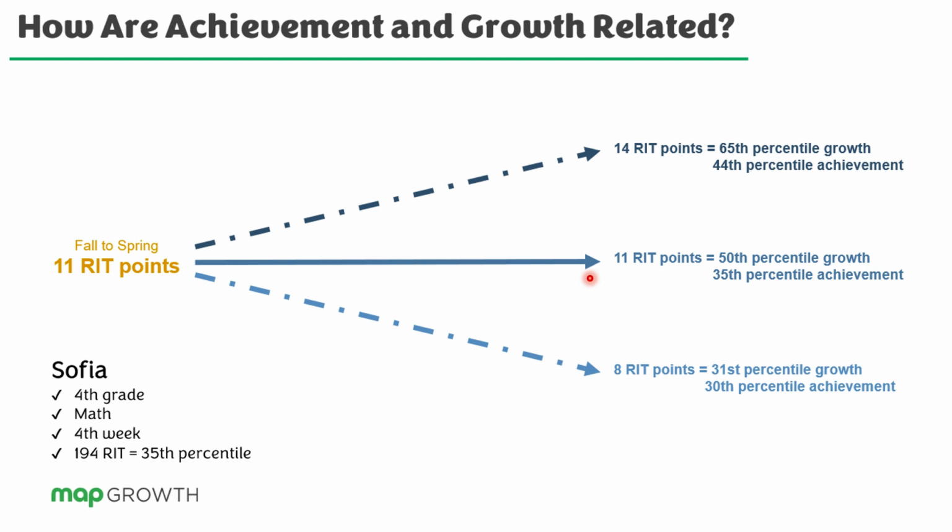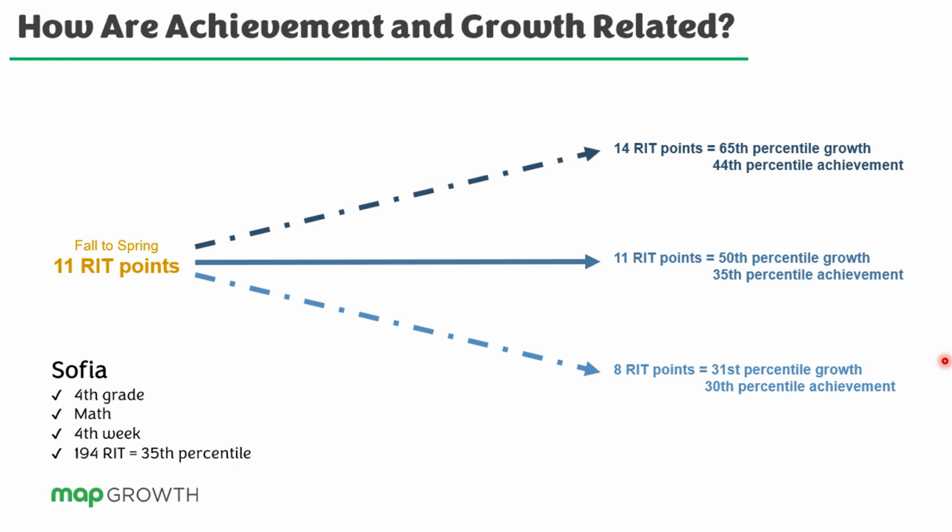And this means that she will maintain her achievement, finishing the year at the 35th percentile for math achievement. Essentially, it means that she would be growing better than 50% of her peers and achieving better than 35% of that group.